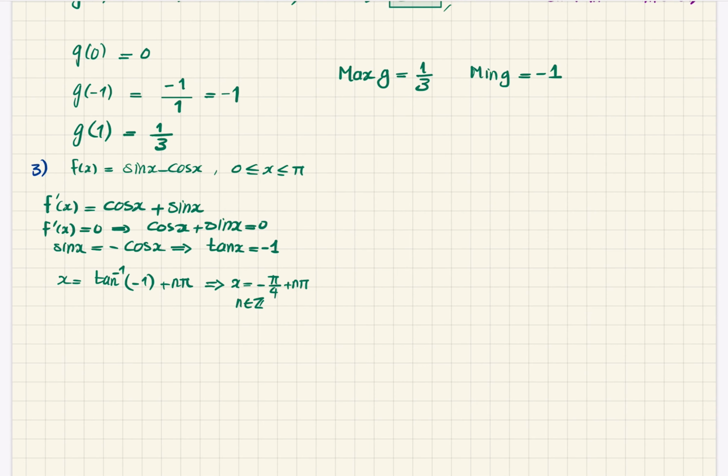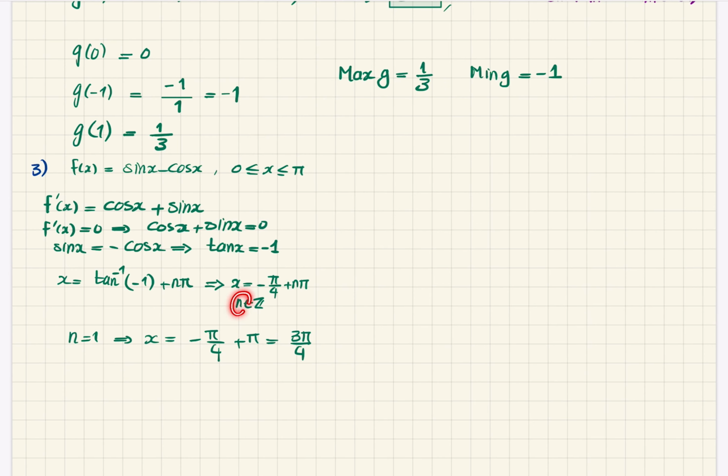So the first number apparently that I can put in is just n equal to 1 for this case. So I put n equal to 1, then what I get for x is equal to minus pi over 4 plus pi. And then if I add them, it becomes 3 pi over 4. Is this 3 pi over 4 acceptable? Yes, that is definitely on this interval.